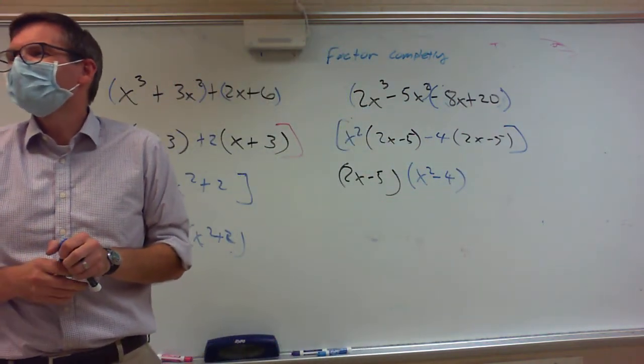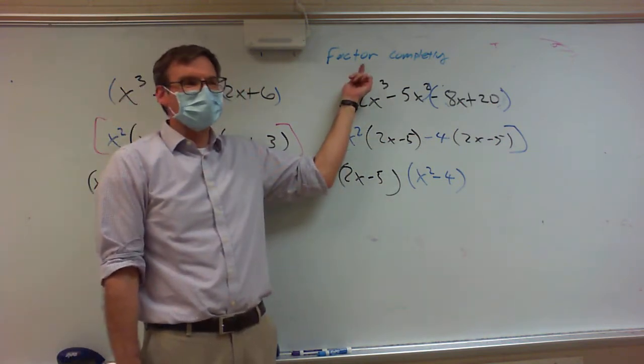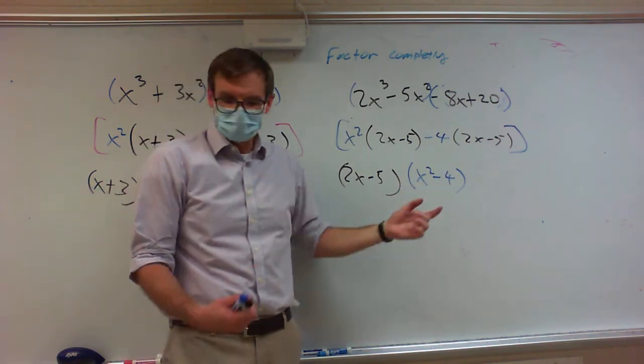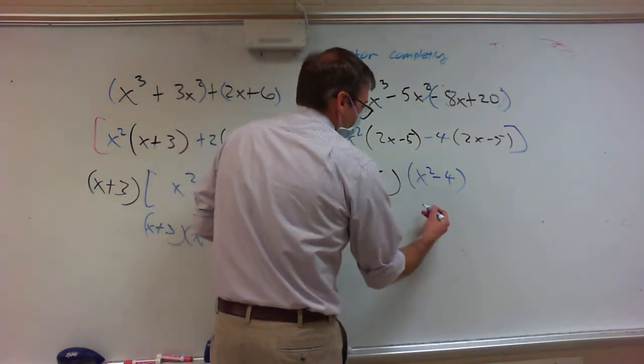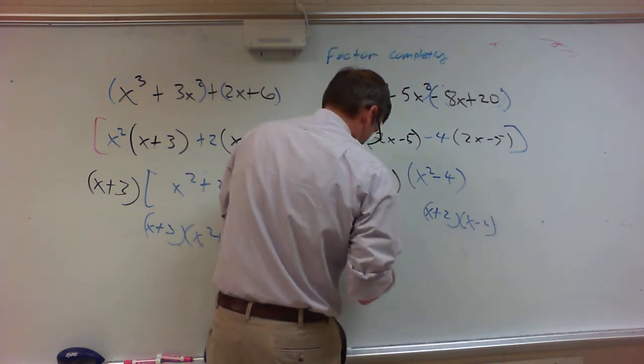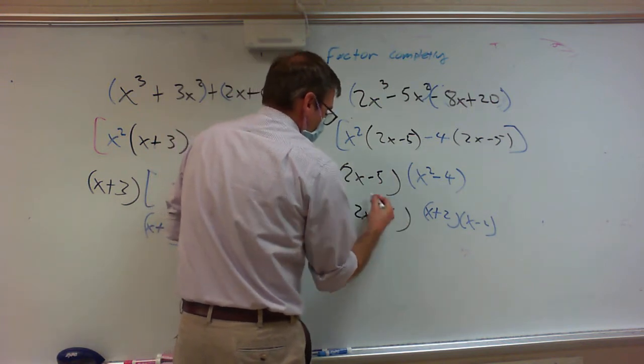No, you have to complete that. Remember, still factor completely, right? I got a difference of squares. And so that's going to give me an x plus 2, x minus 2, and then end up with 2x minus 5.